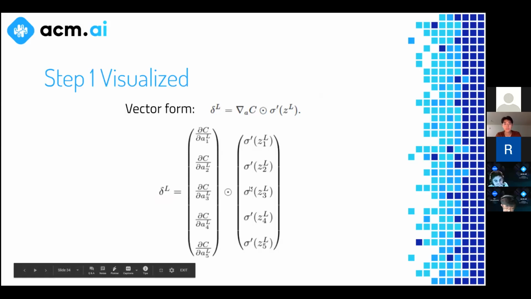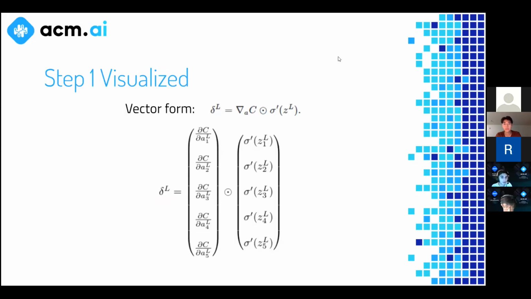Now, this will hopefully make things make more sense. So in vector form, someone tell me how many neurons I have in the output layer. The answer is what you think it is. Just someone shout it out. Yeah, 5.